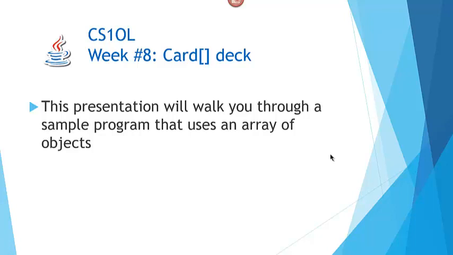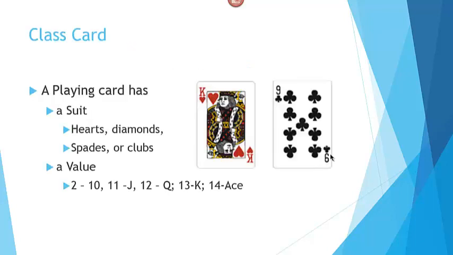So this presentation will walk you through the sample program that uses an array of objects, which consists of a deck of playing cards. Class card has a suit, which is either hearts, diamonds, clubs, or spades, and a value. The values 2 through 10 will be used to represent the cards 2 through 10. Value 11 we will use to represent a jack.